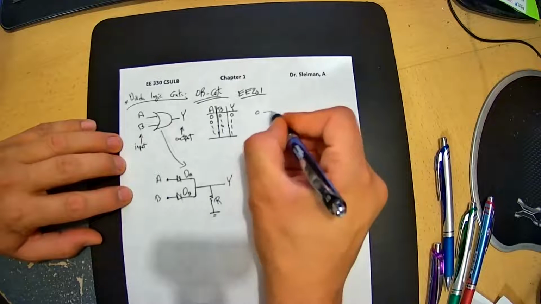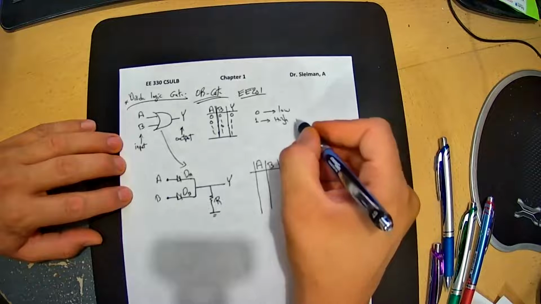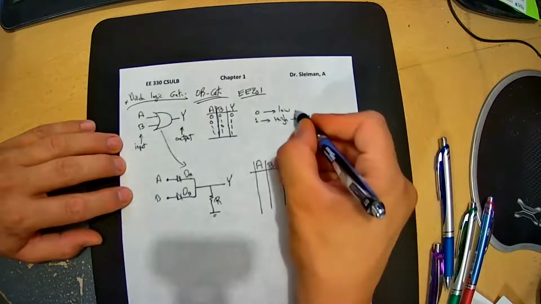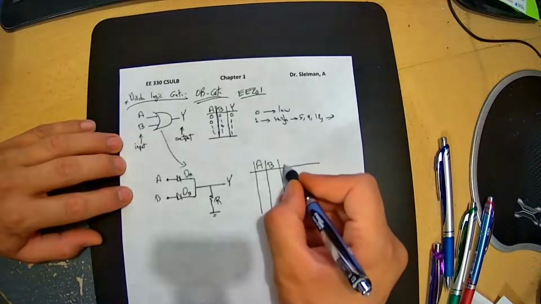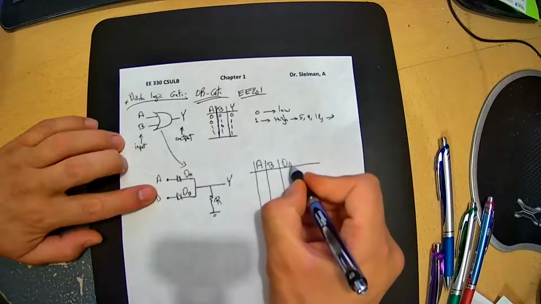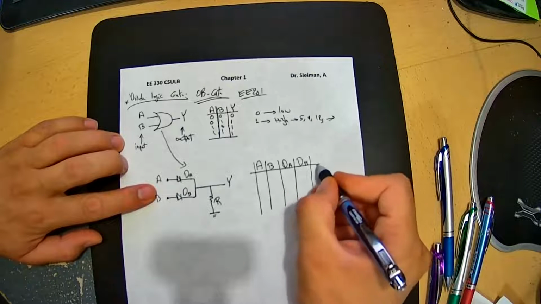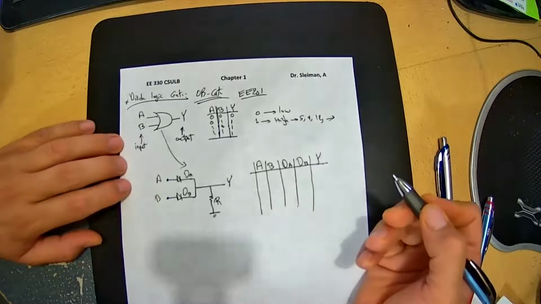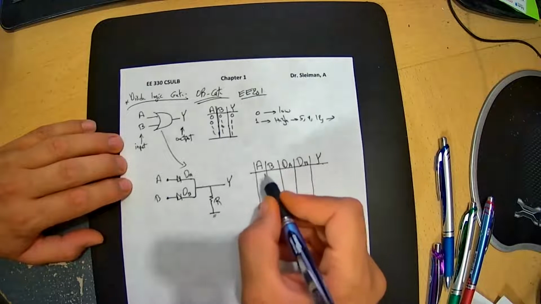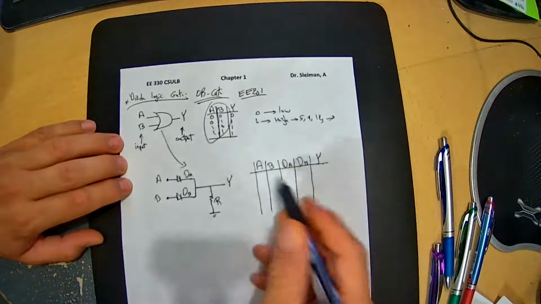Remember guys, 0 is low, 1 is high. High doesn't matter, it could be 5 volts, 9 volts, 12 volts, any volts. Low is 0. And we're going to take a look after the diode: DA, DB, and the output. Pay attention. I'm just going to implement this into AB because this is fixed.